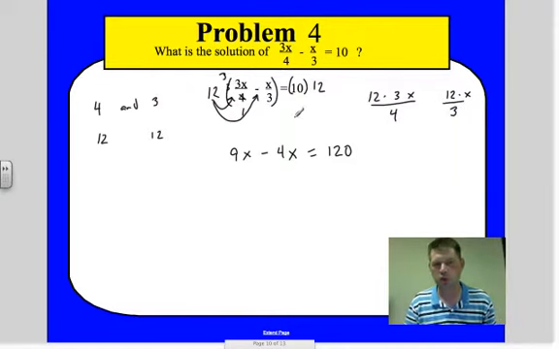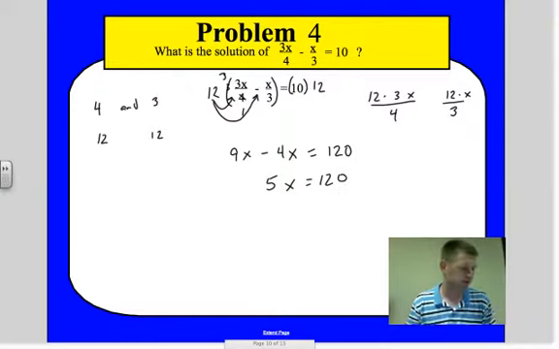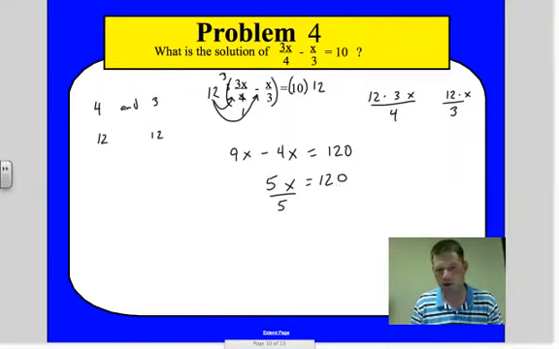That's really what I was doing, but I was doing the shorthand there. 9x minus 4x gives me 5x equals 120. Now we're back to just one step. Divide by 5, and you get x equals 24. Again, go through and check your work. Show that when I plug into this printed problem, that's what I get. If you're not fully grasping this distributive property, star that, ask me in class, and I'll be sure to help you.